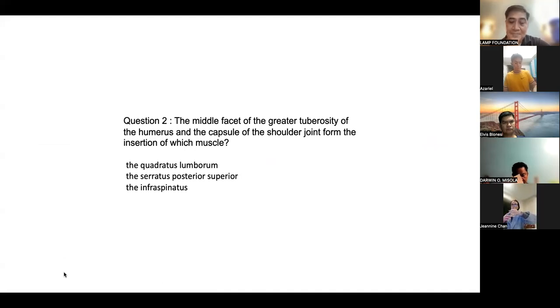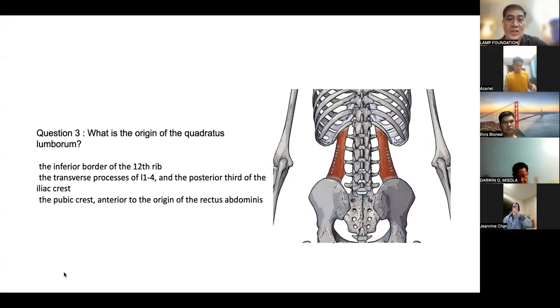The infraspinatus. Very good. What is the origin of the quadratus lumborum? Transverse process of L1 to... No. Tingnan mo mabuti. Ito banda, oh. Can you see that? 12th rib? Yes. Inferior border of the 12th rib.